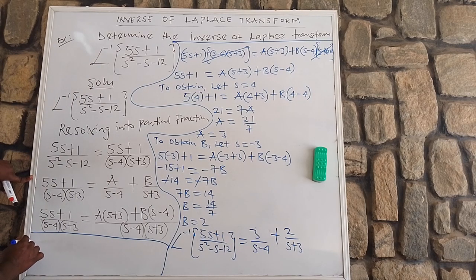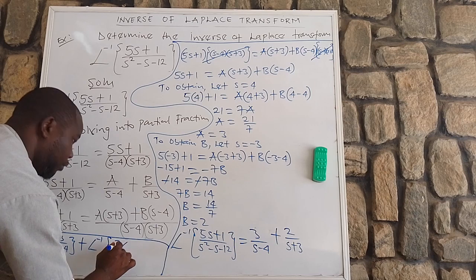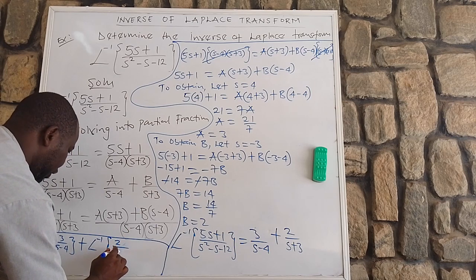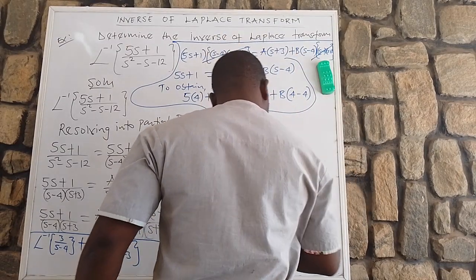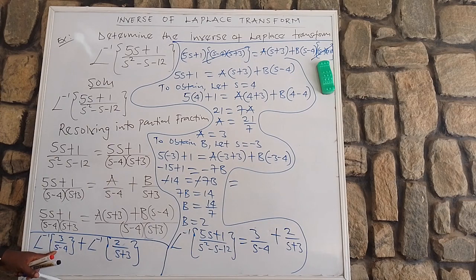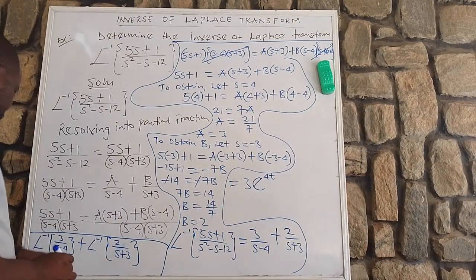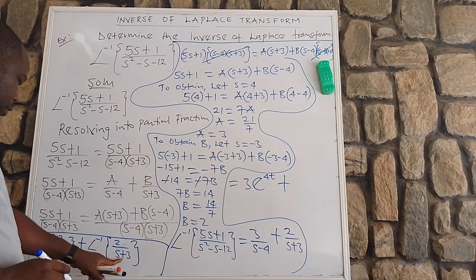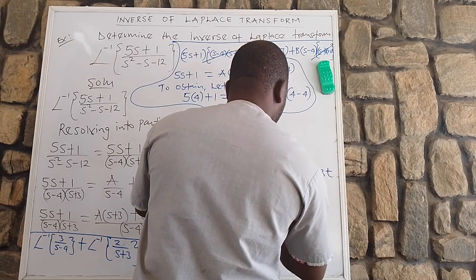The Laplace inverse of 3 over s − 4, plus the Laplace inverse of 2 over s + 3. The Laplace inverse of 3 over s − 4 gives us 3e^(4t), plus the Laplace inverse of 2 over s + 3 gives us 2e^(−3t). This is the final answer.